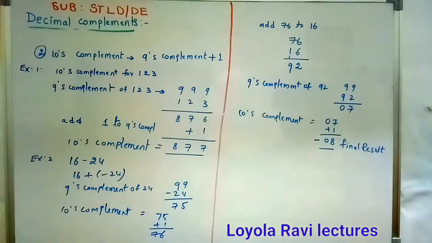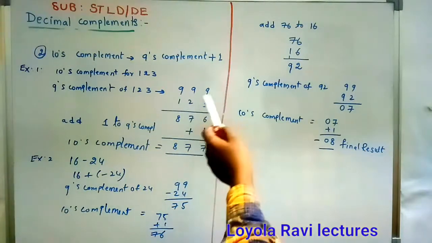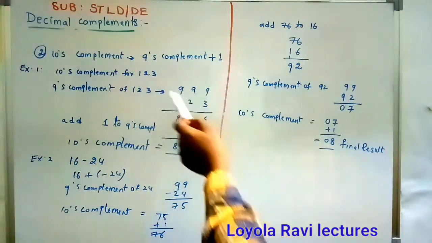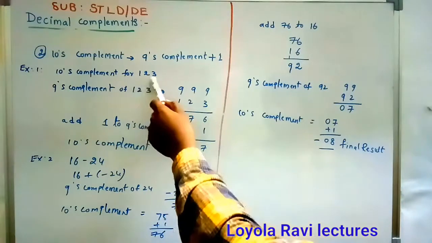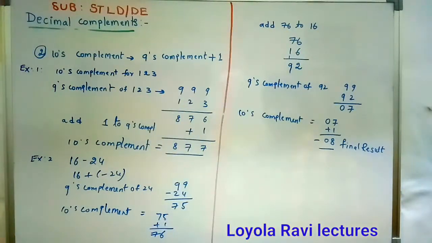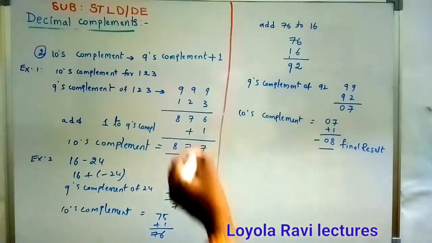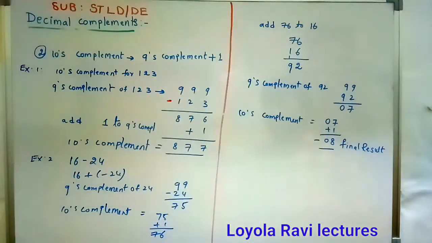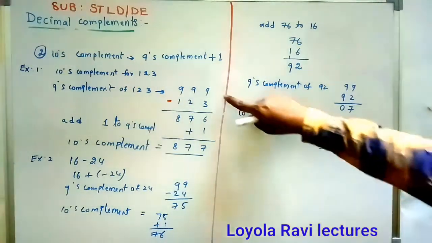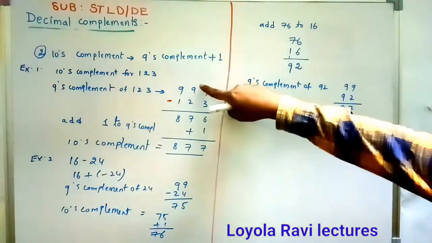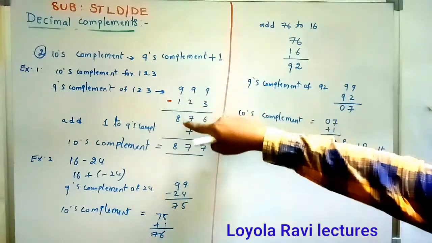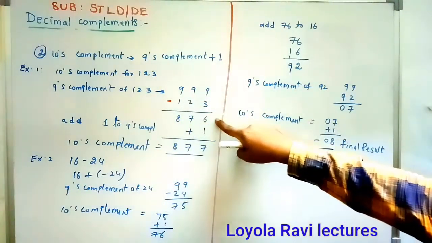Already we know what the 9's complement is: we have to subtract each digit from 9. So 9 minus 3, 9 minus 2, 9 minus 1. Otherwise 999 minus 123. 9 minus 3 is 6, 9 minus 2 is 7, 9 minus 1 is 8, so 876. This is the 9's complement.